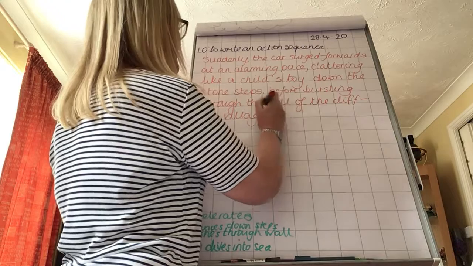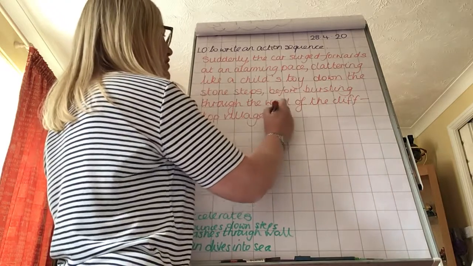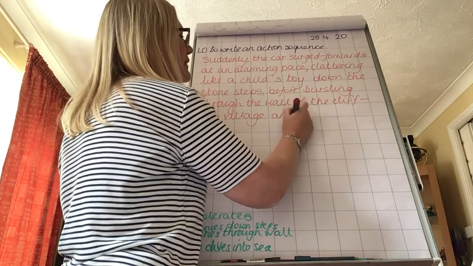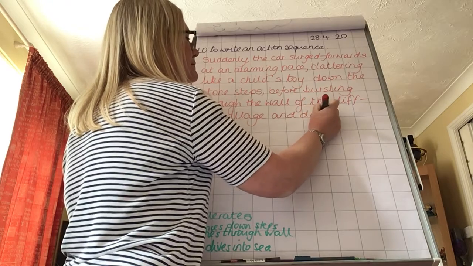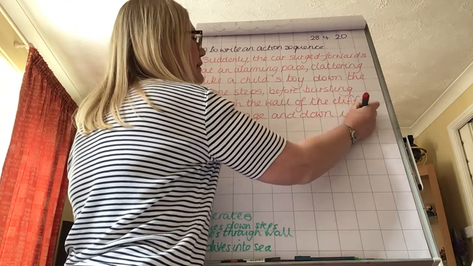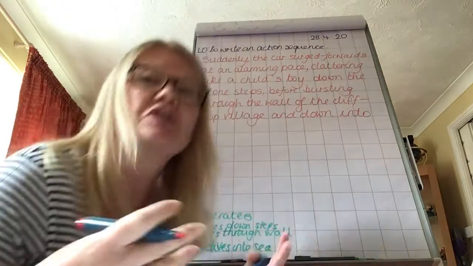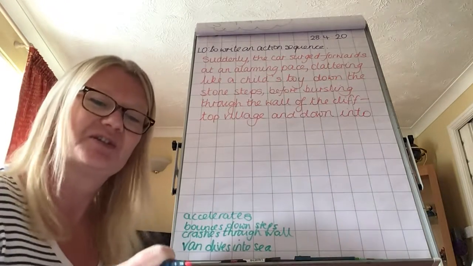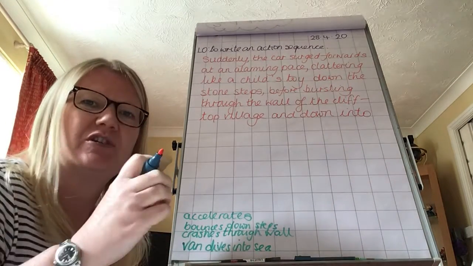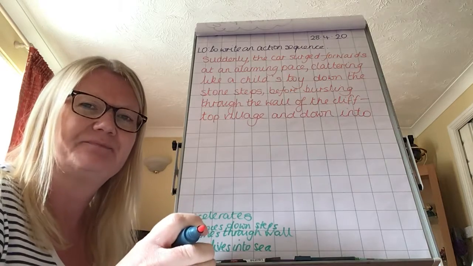So, for bursting through the wall of the cliff top village and down into, I could just put down into the sea, but I want to use a bit of personification here.